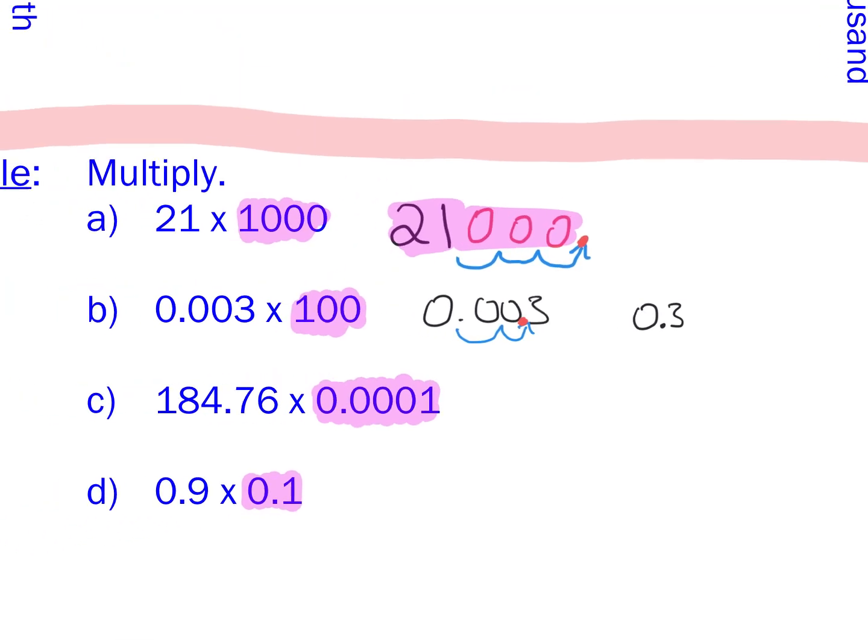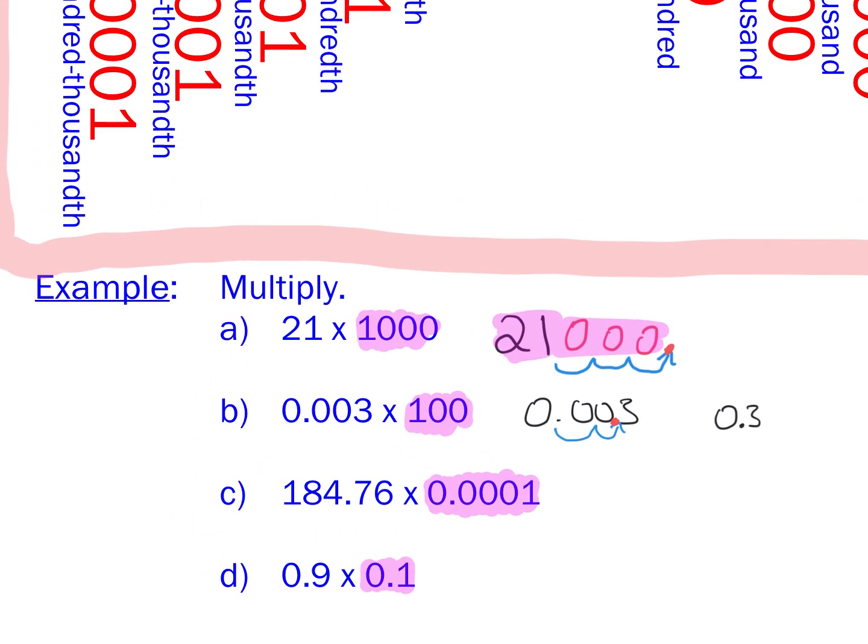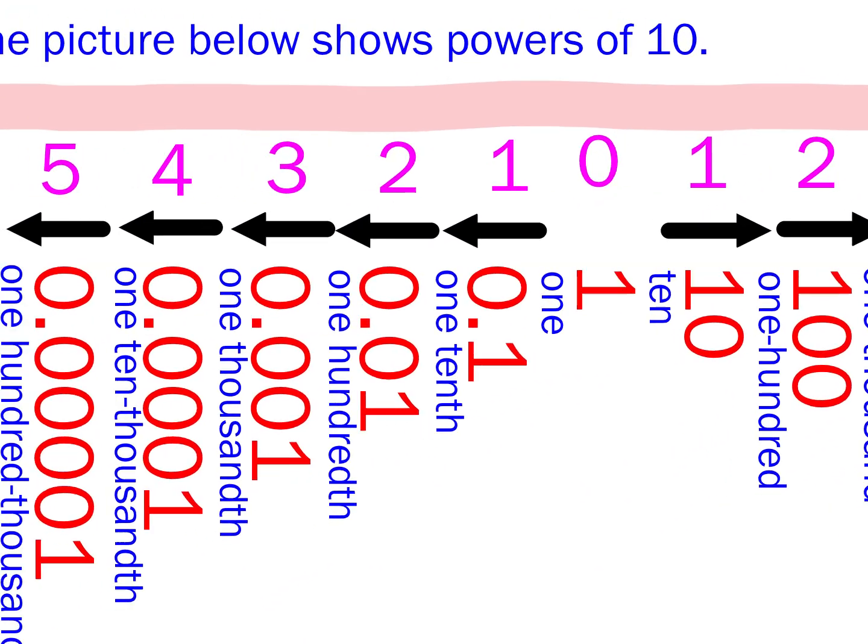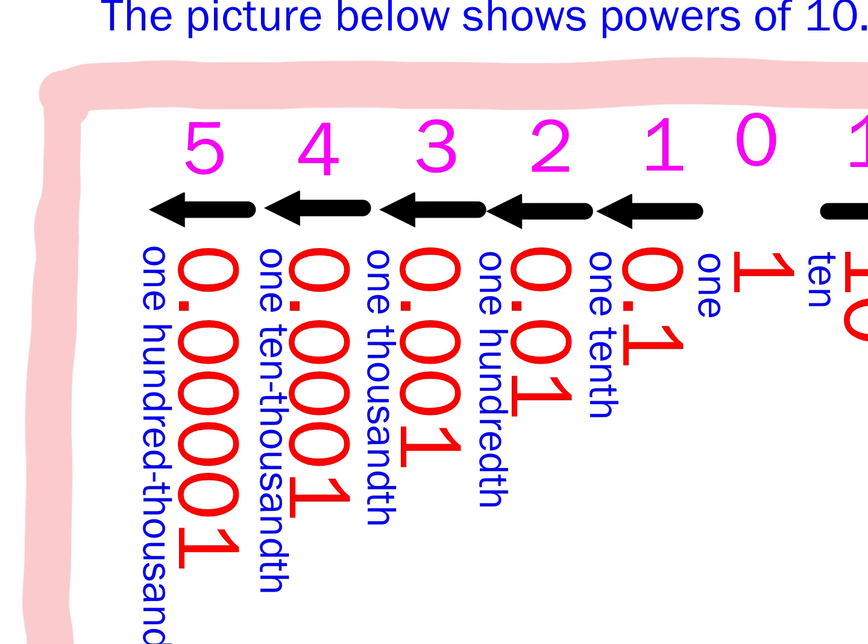Now, what do we do when the numbers are less than 1? Well, we see right here that if we are multiplying by 1/10, we're going to move left 1. If we're multiplying by 100th, we're going to move left 2.